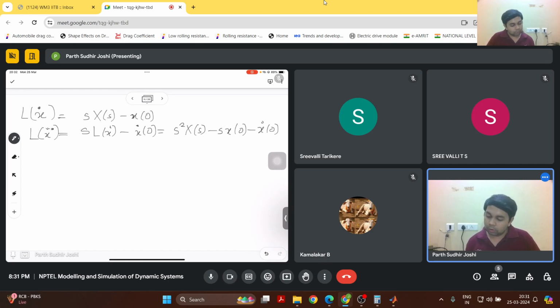Similarly, we can write the expressions for the Laplace transform of y, y dot and y double dot. Here we do not have y double dot, only y dot.